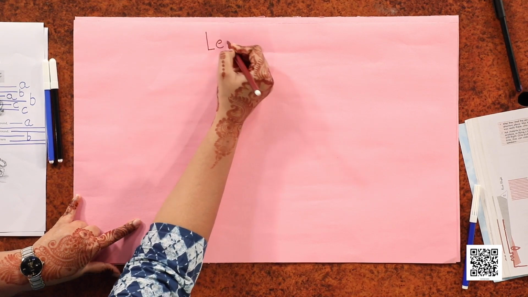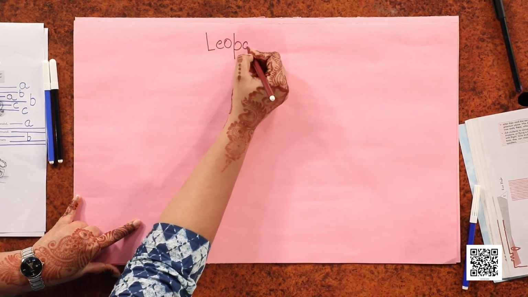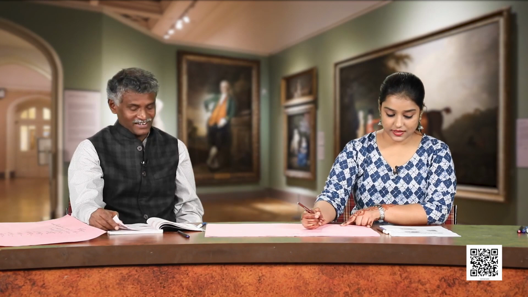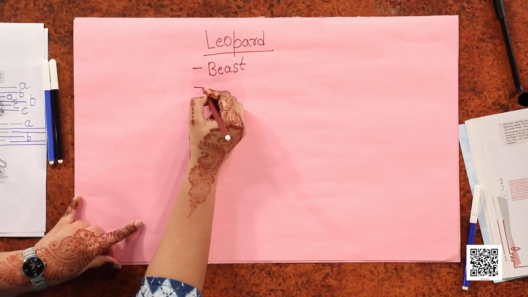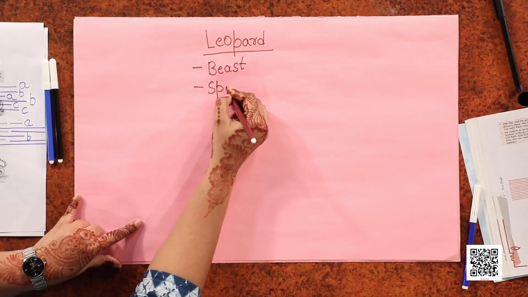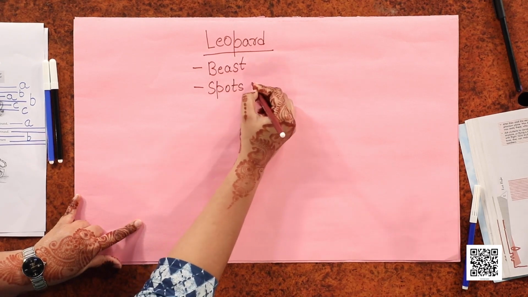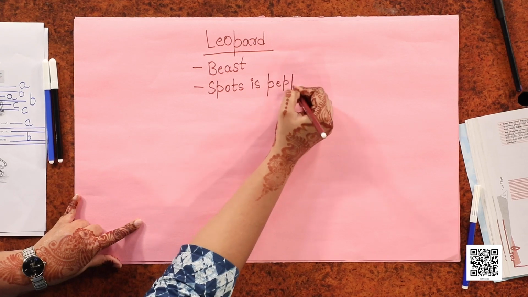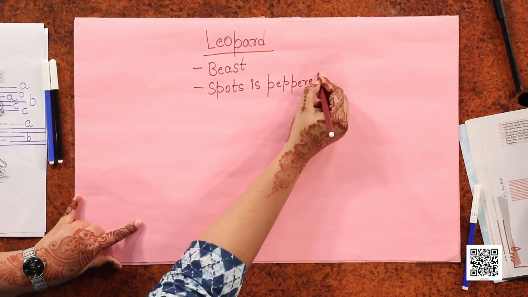Leopard, the fastest animal. So we can say beast. Of course, all of them are beasts, beastly. Then spots. How are the spots? Peppered, scattered like pepper.